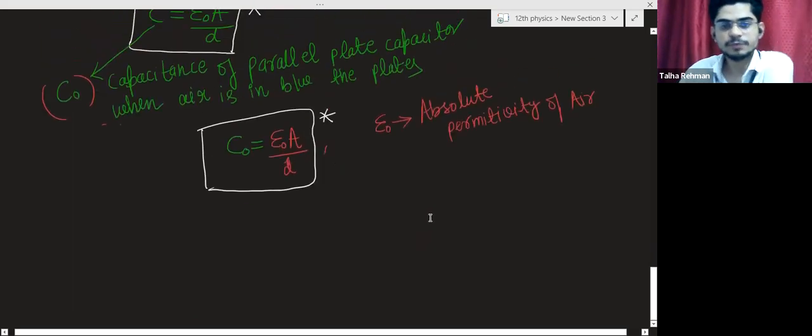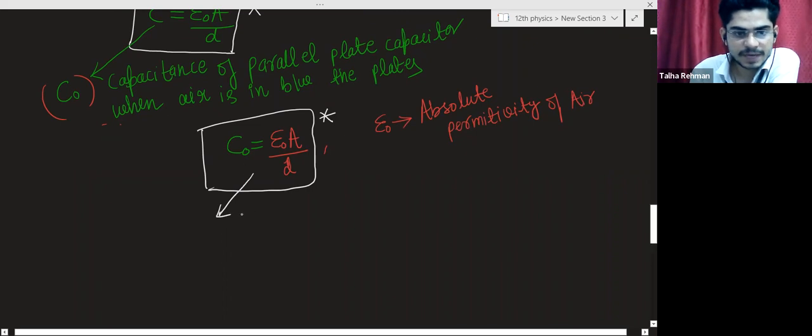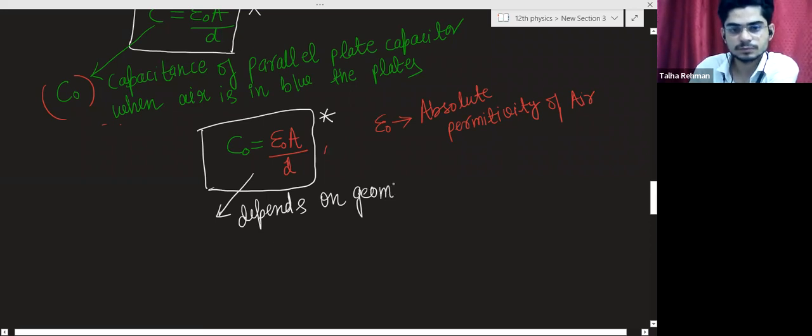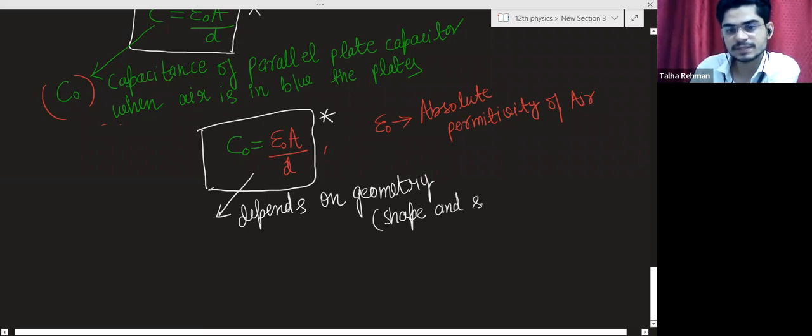So from here I can say this C naught depends on area and distance, meaning the shape and size. I can say it depends on the geometry of the capacitor. Geometry means shape and size. Okay.